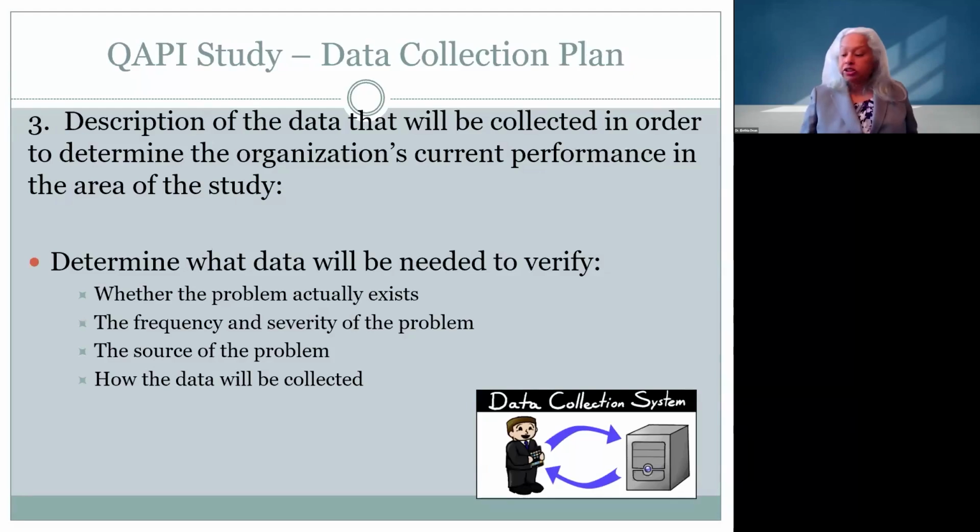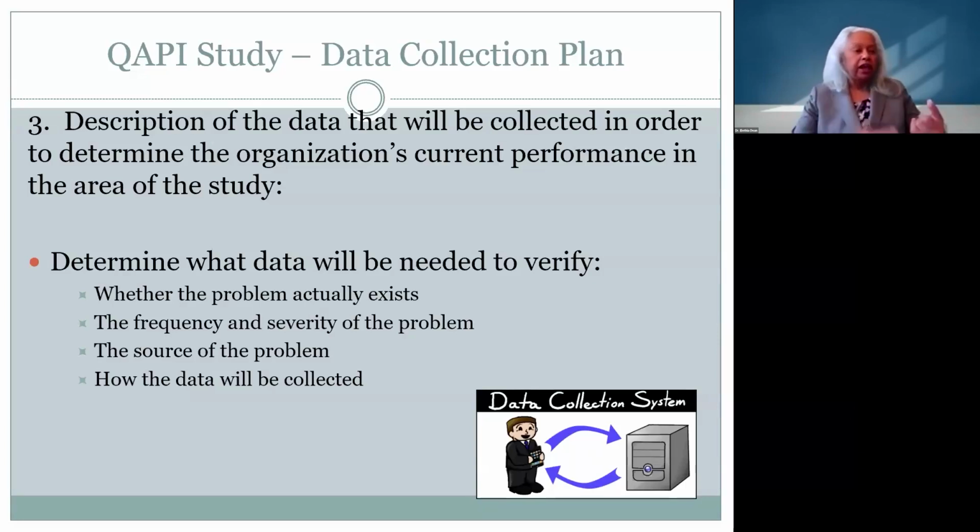Then you want to write a description of your data that will be collected. So this is not where you're collecting the data. This is where you plan to go. So what data do you need to verify whether you have a problem? What is the frequency and severity of the problem? Where is the source of the problem? And how are you going to collect the data?